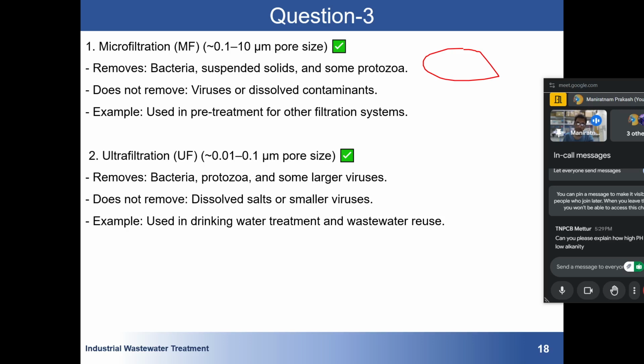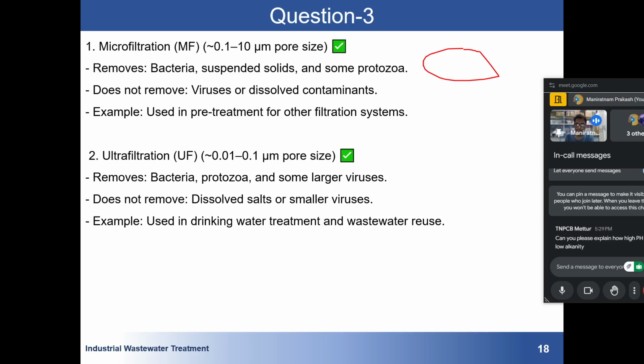It removes bacteria, protozoa, and some larger viruses, but does not remove dissolved ones, because dissolved salts are generally in an even lesser range, less than 0.1. Whatever is less than 0.22 is dissolved, and within the dissolved there is also some bifurcation, but I don't know what it is. It is generally less than 0.22 micron.